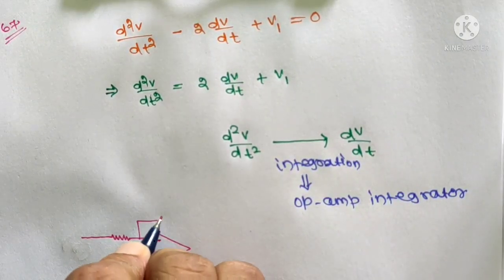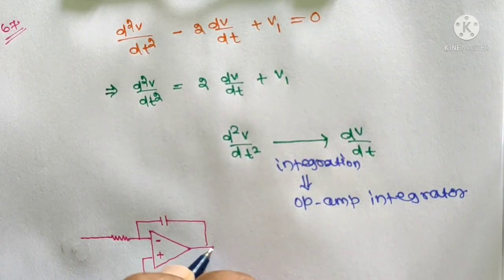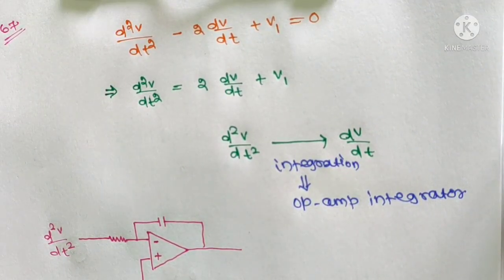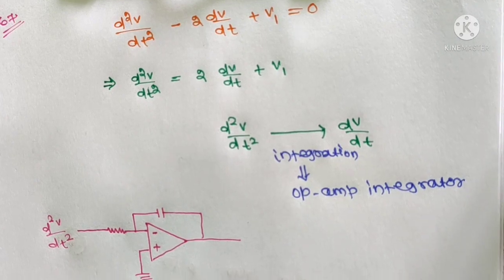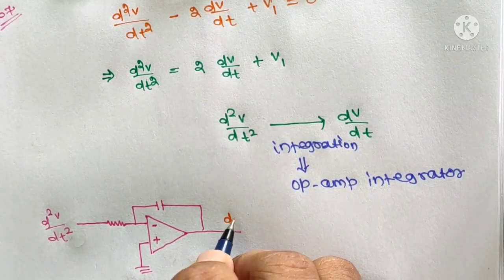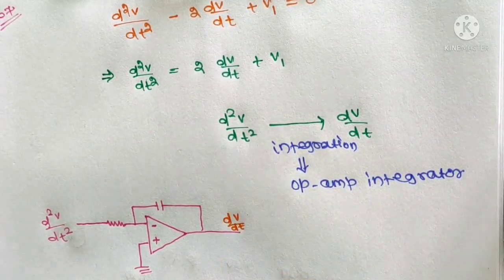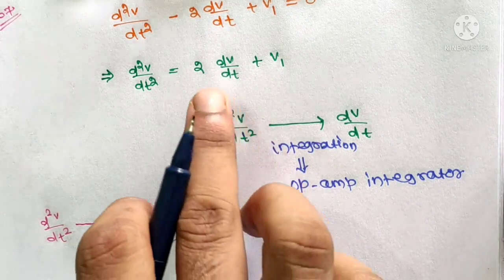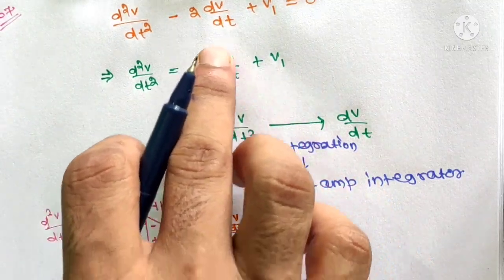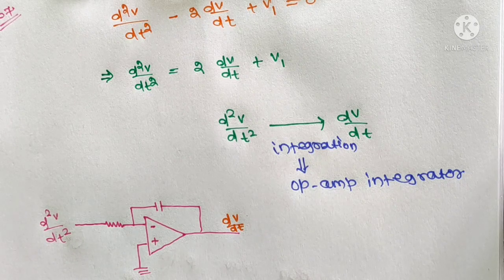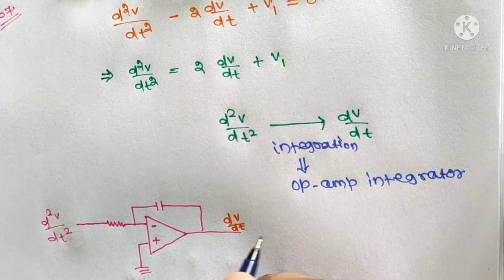Now let it to be C. Here we are giving d2v by dt square. Now as it is a integrator circuit, it will give us dv by dt. So next, in output we have to find total this expression 2 dv by dt plus v1. So to get this we have to use an adder circuit. So let us draw an adder circuit.